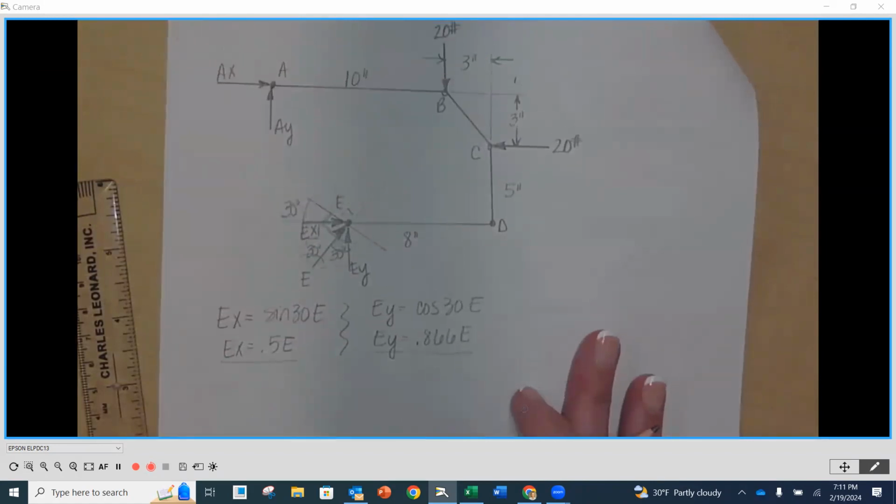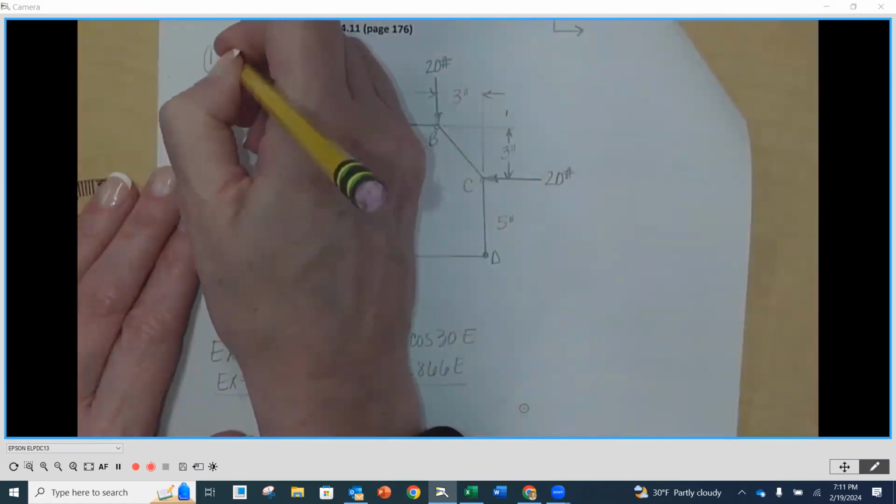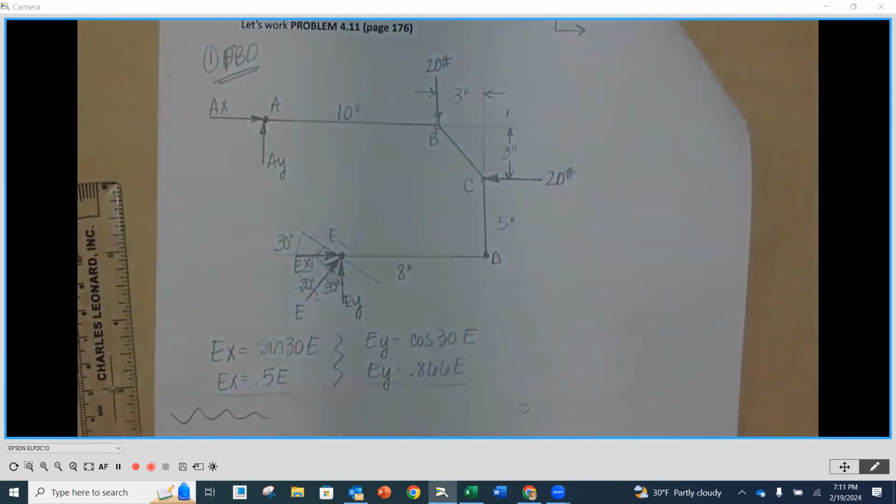Okay, so diagram done. Now we're going to use our equations of equilibrium to solve for AX, AY, and E.